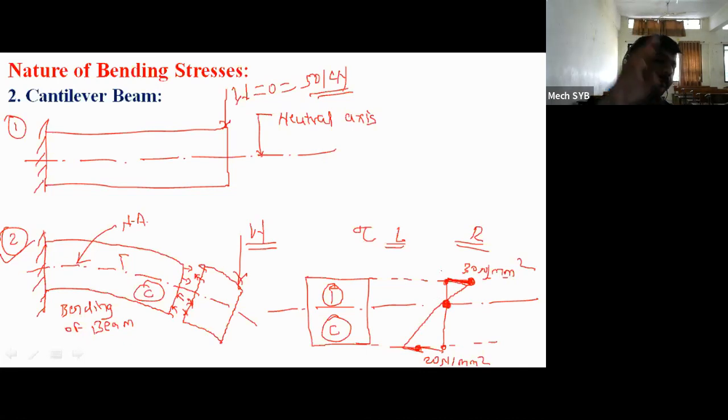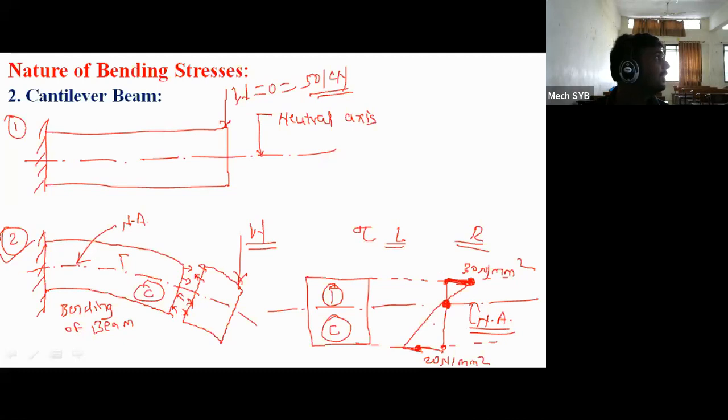This means that whether your beam is simply supported or cantilever, for both types of beams the bending stress is always equal to 0 at the center point, that is, at the neutral axis. Understood? While drawing the bending stress diagram, we do not need to take measurements here. We only have to indicate it.